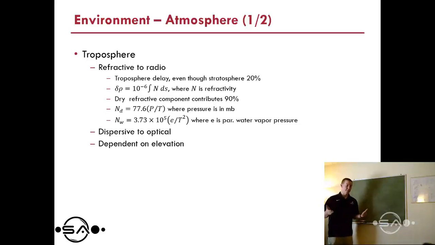So think of it in terms of if your elevation is low, like 5 degrees from your ground station, as opposed to directly overhead, the signal is going to have longer to travel through the atmosphere if the satellite is all the way out at 5 degrees elevation as opposed to directly overhead.